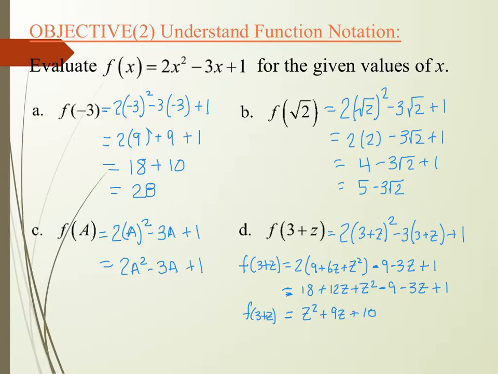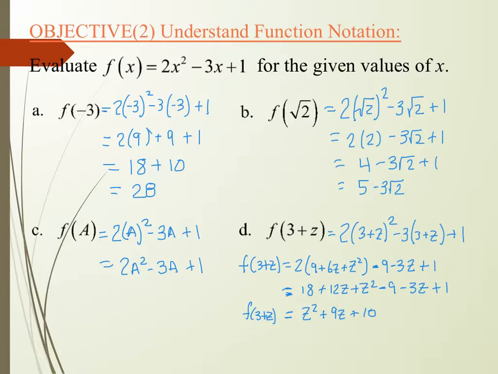Our second objective is to understand function notation. So we're going to evaluate the function f of x is equal to 2x squared minus 3x plus 1 for given values of x.